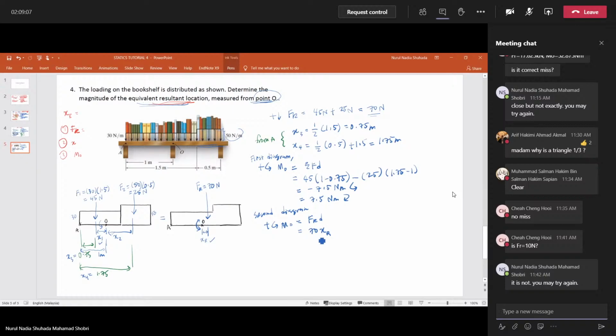So this is the value of the moment for the second diagram if you use the resultant force in the calculation. Since the forces for the first diagram and second diagram are equal, you can just equate them.